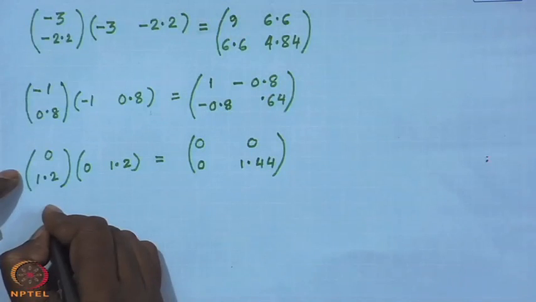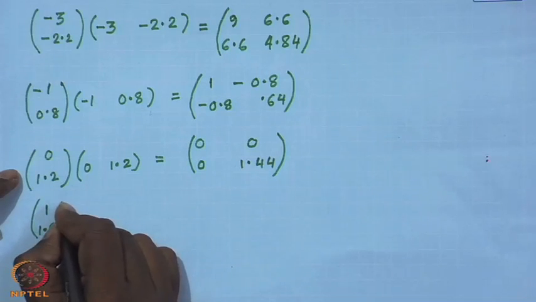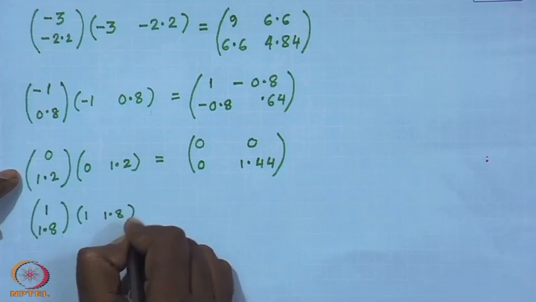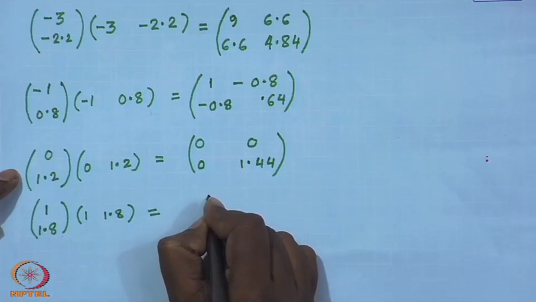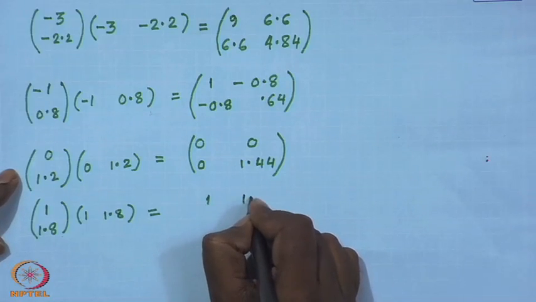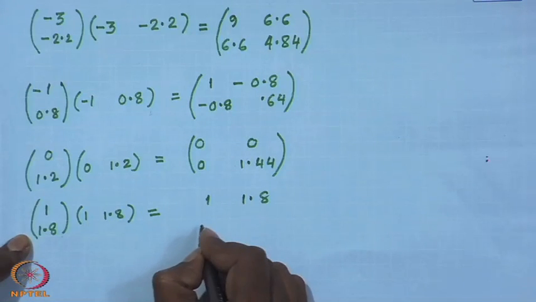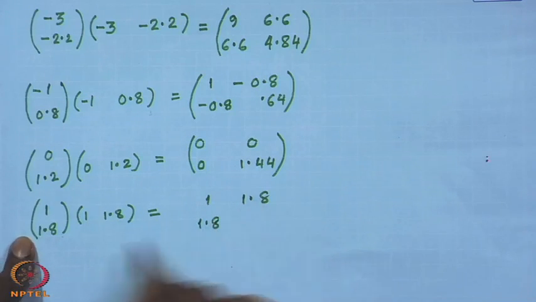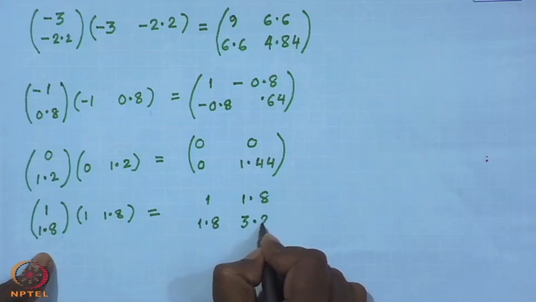So, I will have 1, 1.8 column vector into 1, 1.8 row vector. If I multiply this, it will be 1, 1.8, then over here 1.8, and this will be 1.8 into 1.8, that will be 3.24.